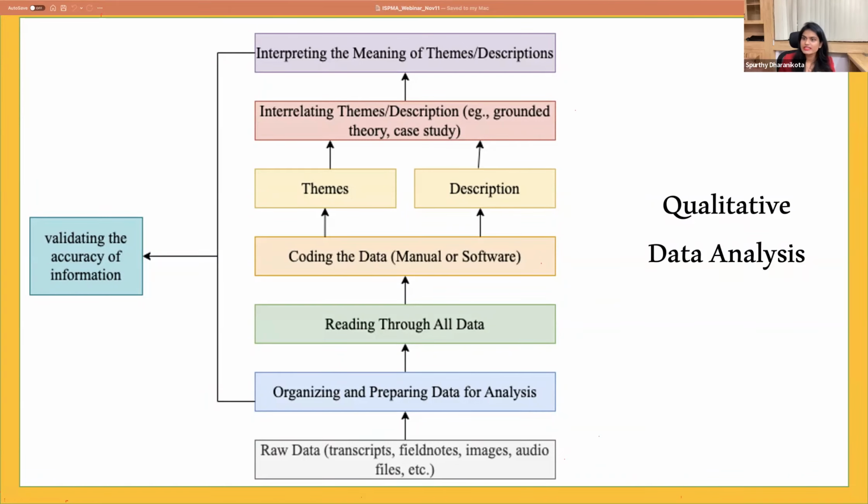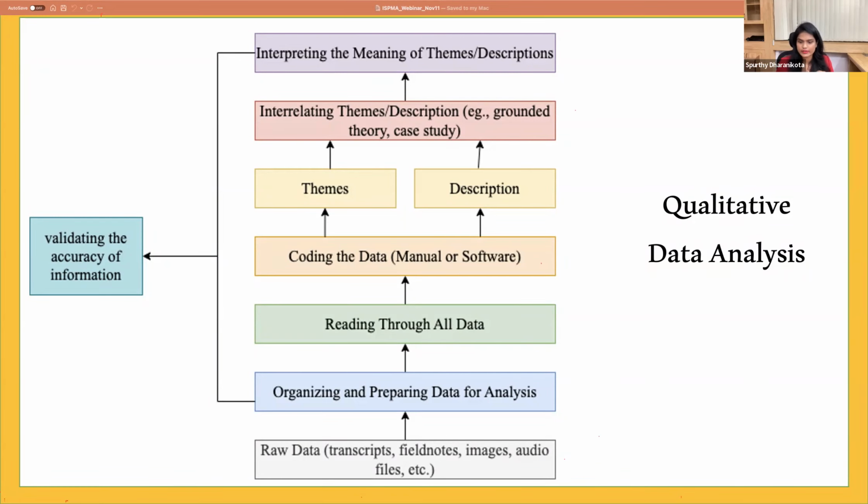So these are all different themes that are identified in the reviews, in the 10,000 words or a million words that we look into. And finally, we interpret the meaning of these themes and descriptions and communicate our findings in a way as to how this problem can be solved. How can we make the product better so that customers will like it more? So all kinds of things can be done using qualitative data.